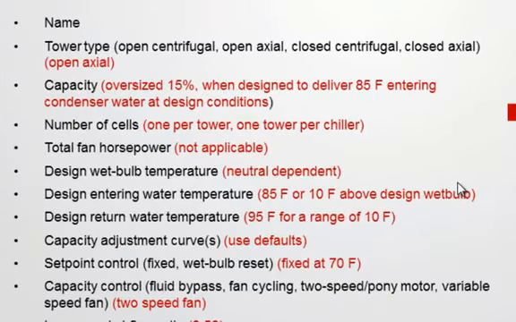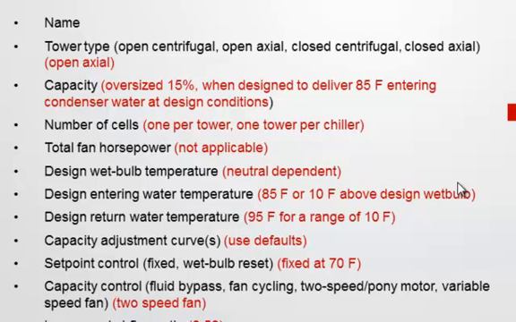The tower type is the first building descriptor, and for the baseline, it's an open axial fan type. The tower capacity is oversized 15%, and this is based on an 85-degree entering condenser water temperature design condition. There's one cell per tower and 1 tower per chiller.